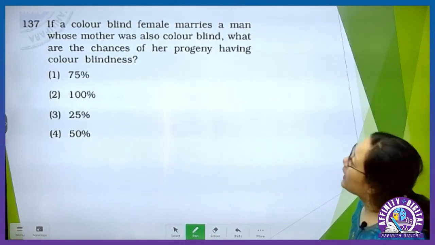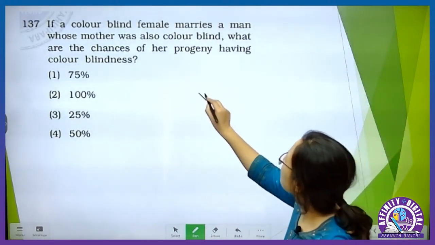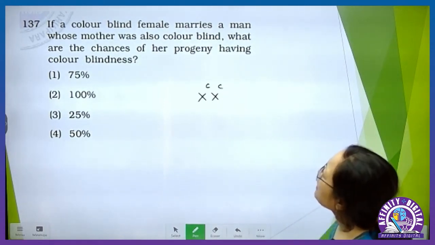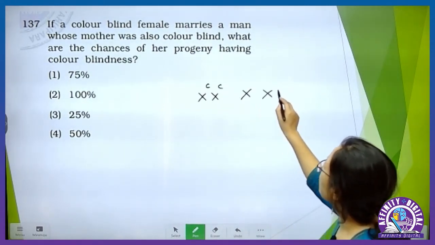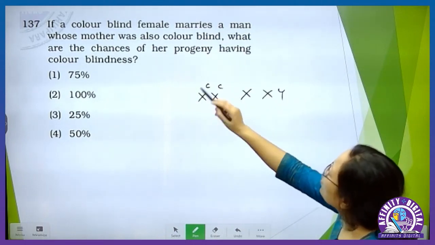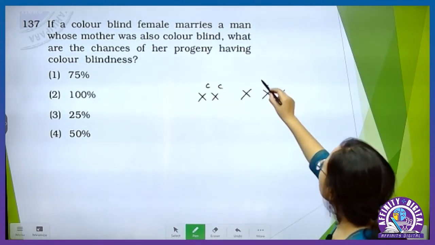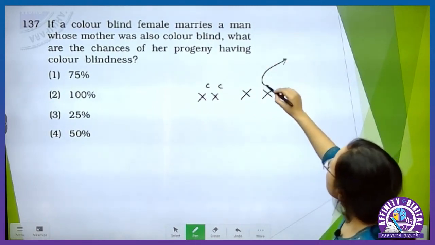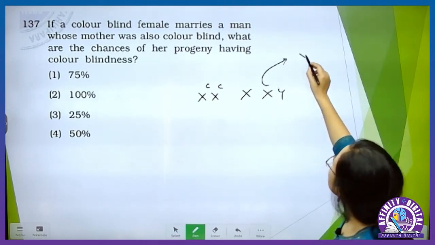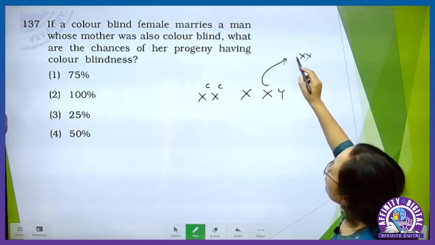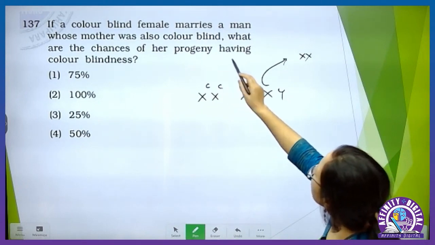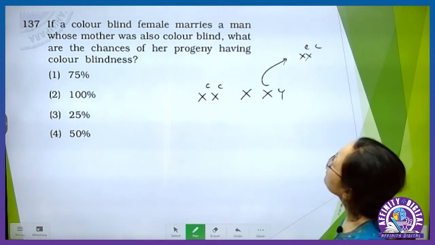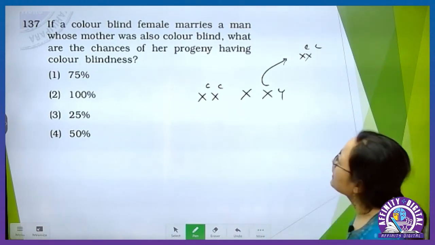If a colorblind female marries a man whose mother was also colorblind, what are the chances of progeny having colorblindness?